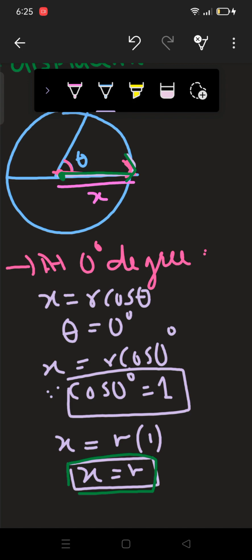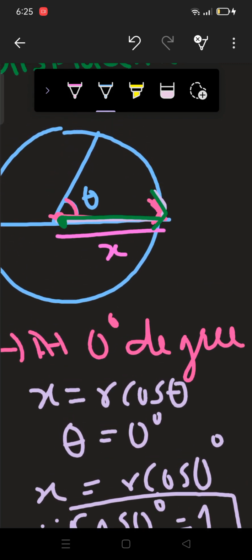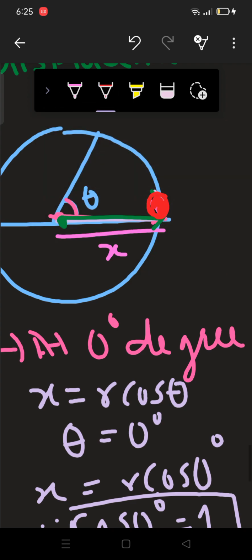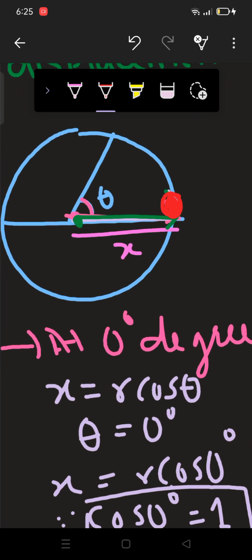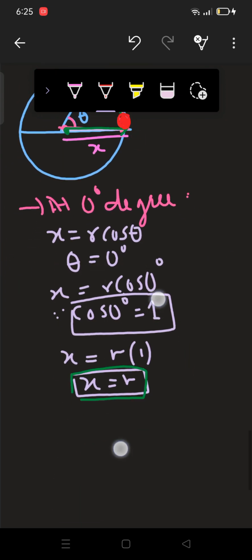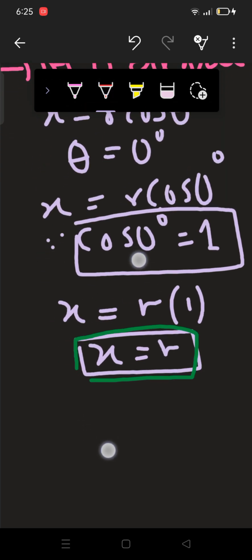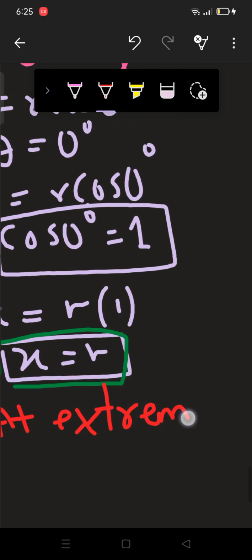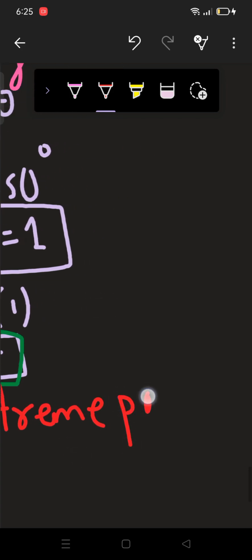We have already learned this. At the mean position our displacement would of course be 0, but displacement is always taken away from the mean position, which means our displacement would be maximum here, and this position is the extreme position. So our displacement would be maximum at the extreme position.